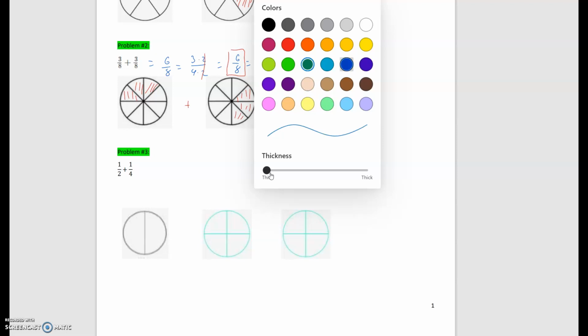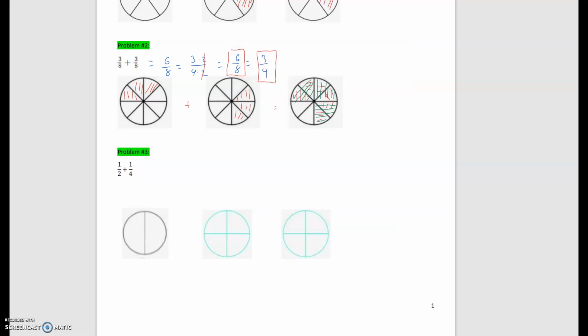Now, for this particular problem, it would be just better if we see all the pieces as equal, and in this case we're expressing the halves as fourths. So all I'm going to do is just basically draw a line, and then 1/2, it's actually going to represent 2/4.